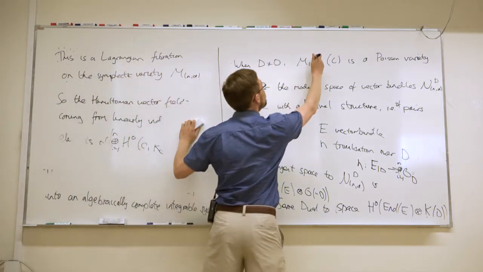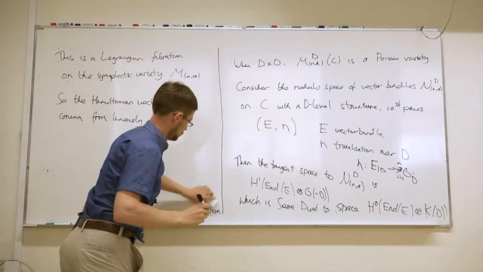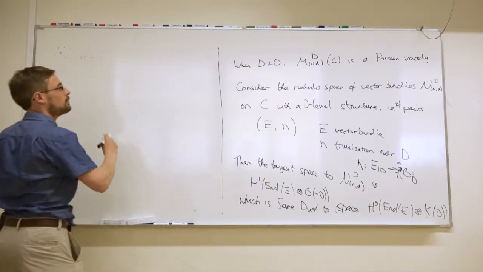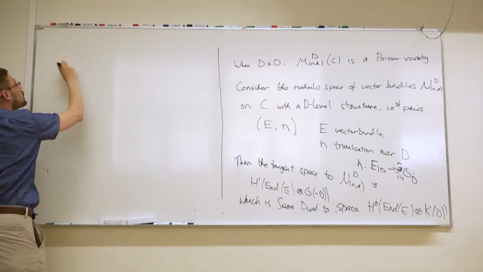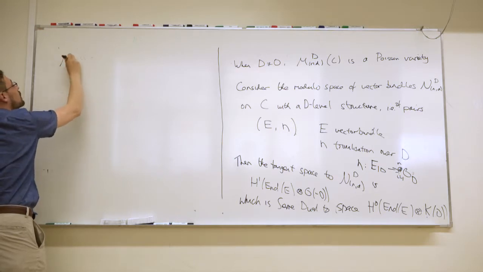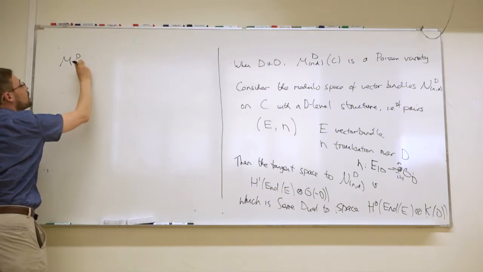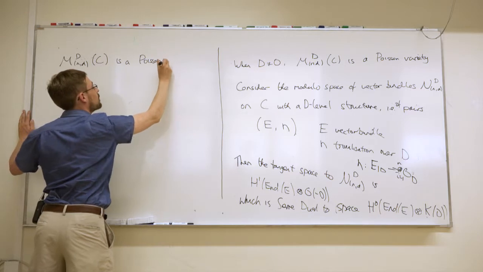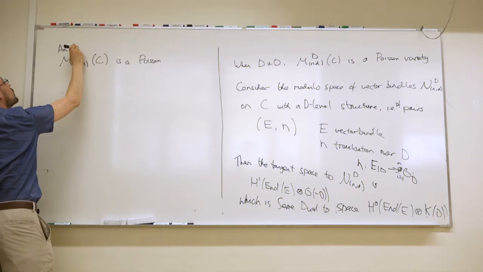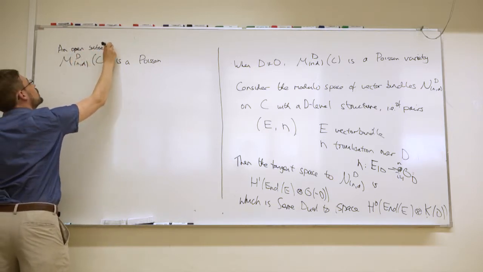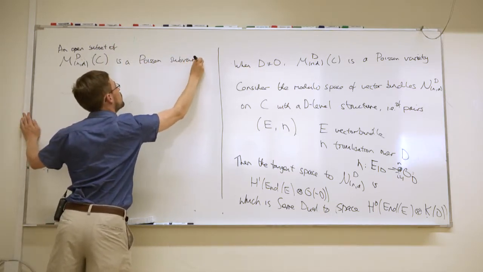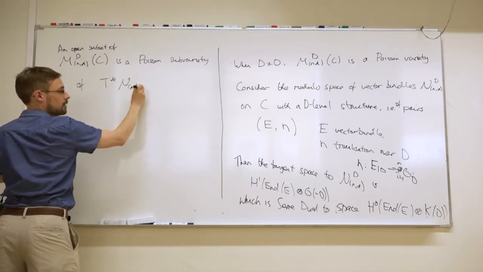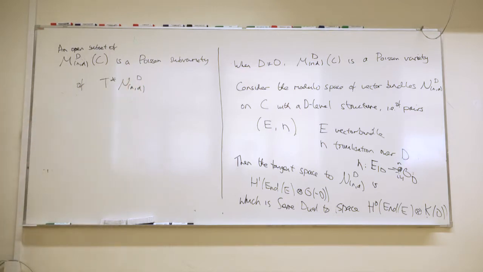So this is an open subset, a large open subset, and a Poisson subvariety of the cotangent space to this moduli space of vector bundles with level structure.